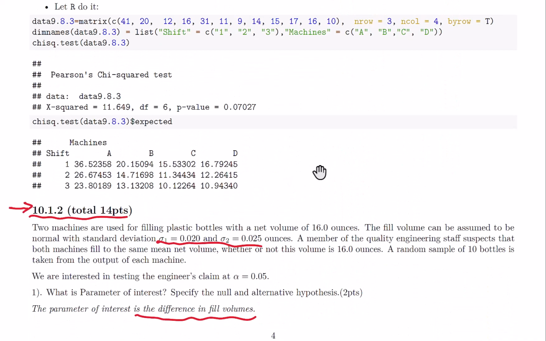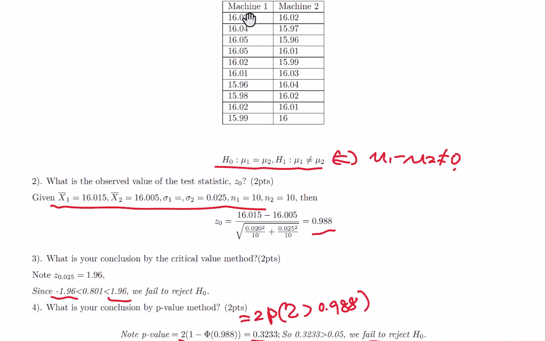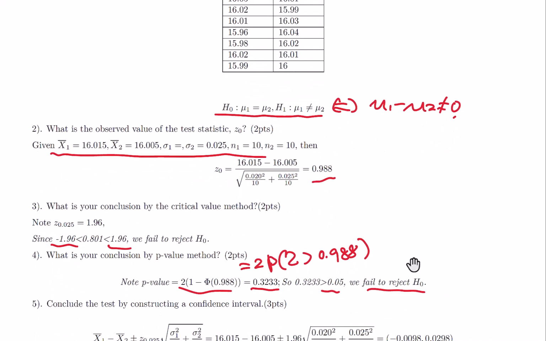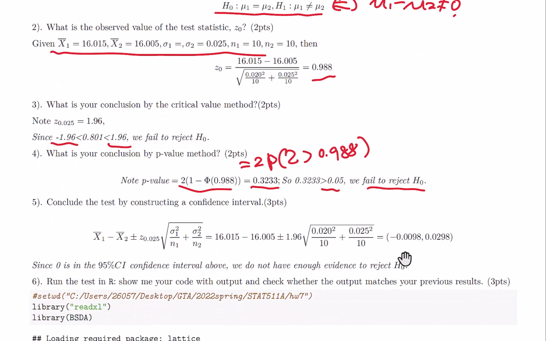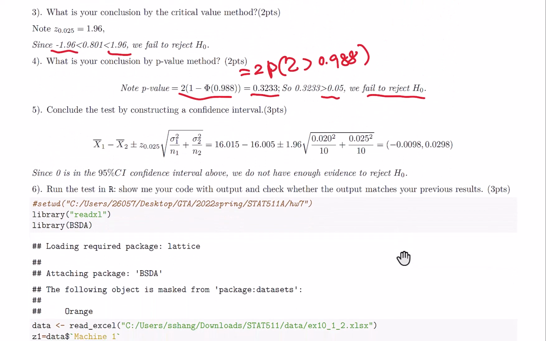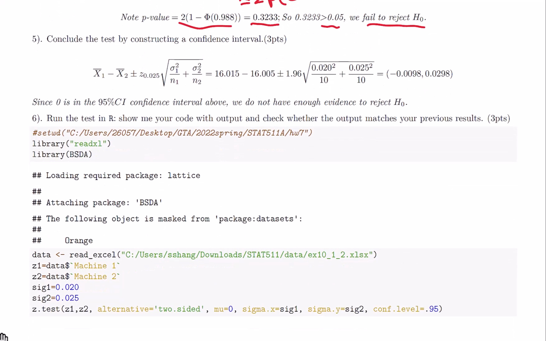We just import these two columns of numbers into R, named as Z1, Z2, just variable names. And that's how we're going to use this code to do this two-sample Z test.